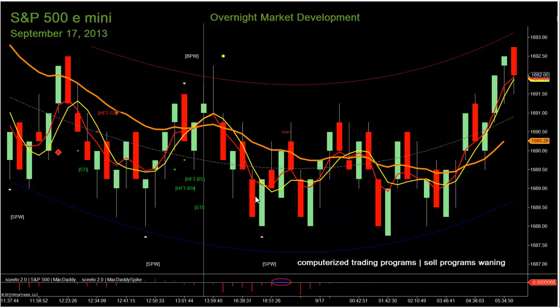Each of the sample bars that you see here are 5 ticks. Overnight, when the S&P retested Monday's low, you can see the sequence executing between 1688 and 1690.